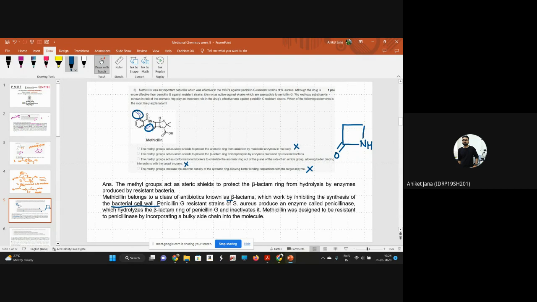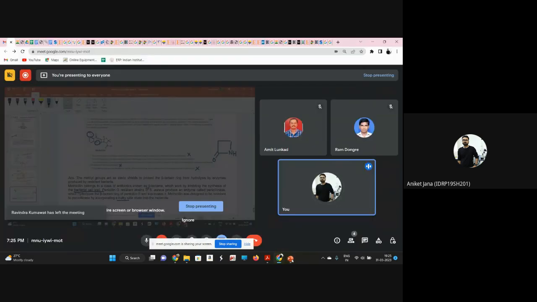We have introduced the steric methoxy group connected to protect this beta lactam group sterically, so that the penicillinase enzyme cannot approach the beta lactam ring. Okay, is everybody clear? Yes, sir. Okay, other persons, is it clear?